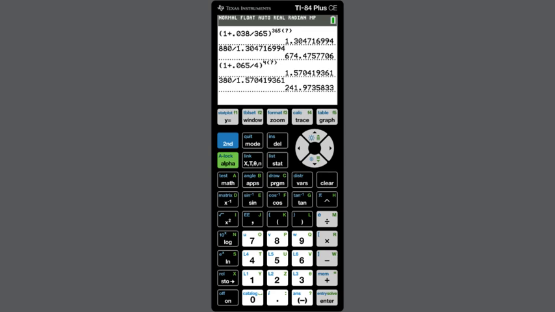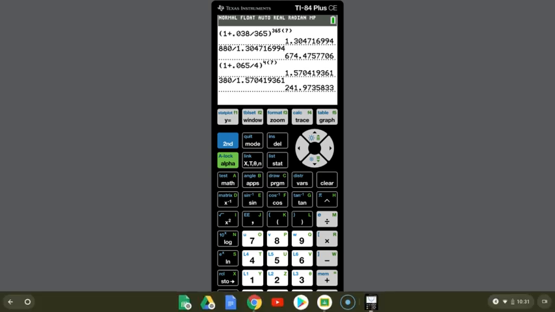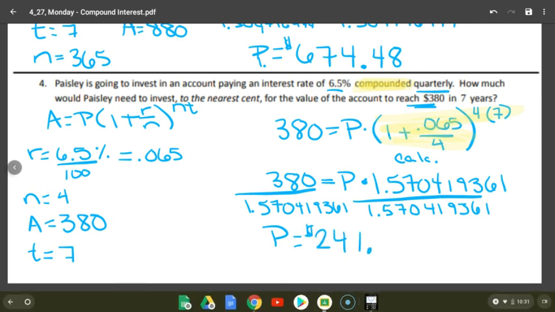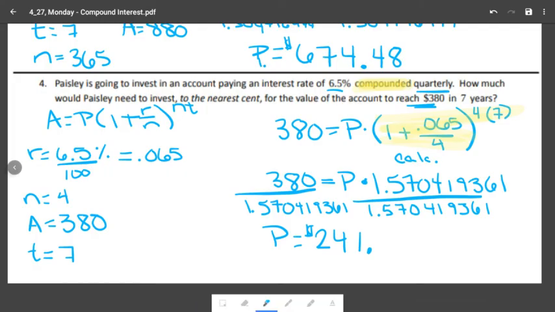And it says to the nearest cent, so 2 decimal places, so 0.97. The 3 tells us to stay where we are, so just the 0.97. So 241 point, I believe it was 97. Final answer.